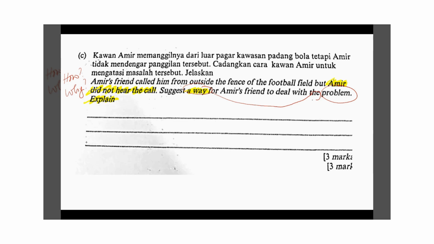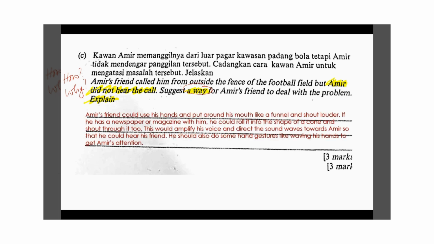So, one of the ways that I mentioned here is that Amir's friend could use his hands and put around his mouth like a funnel and shout louder. So, this is usually what we do, right? When we want to call out on someone who's a little bit further from us.